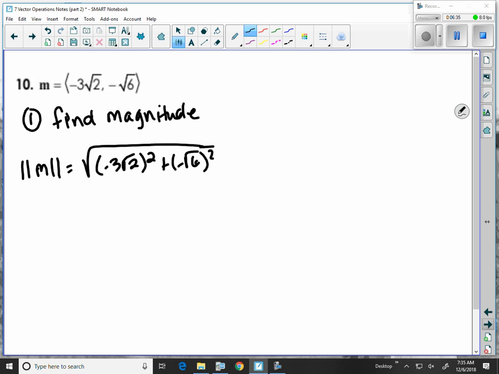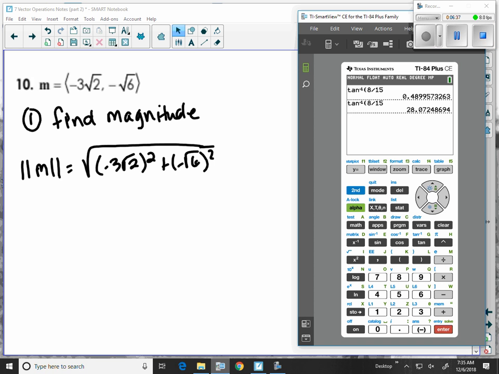I'm going to do it up here just so you guys can see it because it's a little confusing, so it might benefit you to see it. You should get 24 on that one.